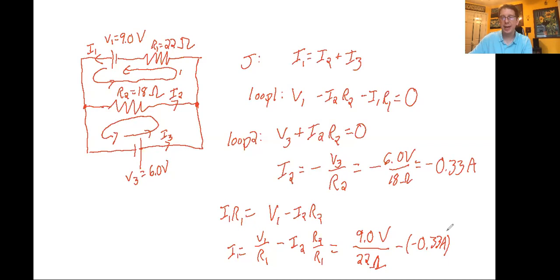So that's 18 ohms over 22 ohms. And so you plug those into each other. You get 0.68 amps.